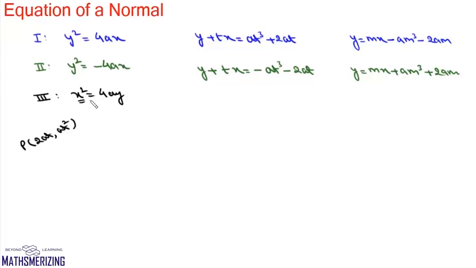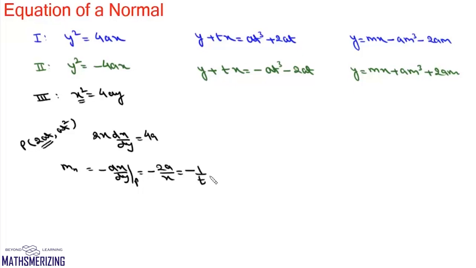Now if we differentiate this, we get 2x dx upon dy equals 4a. So we can write the slope of normal at this point P as minus dx upon dy at this point P, and it'll be minus 2a upon x, and x here is 2at. So it'll simply be minus 1 upon t.